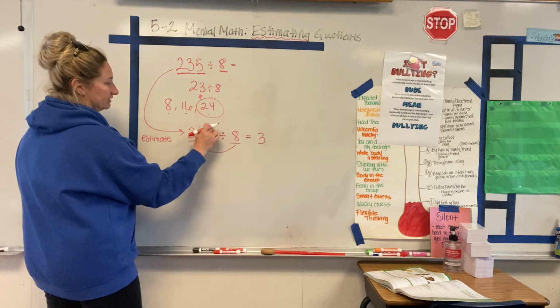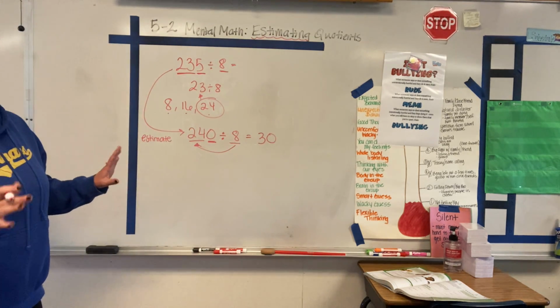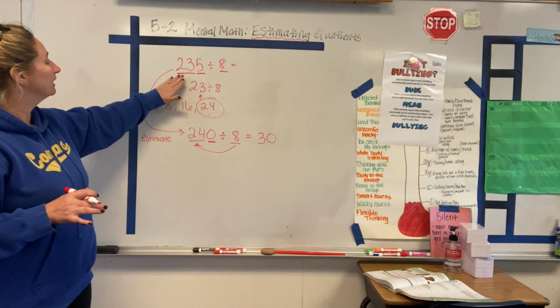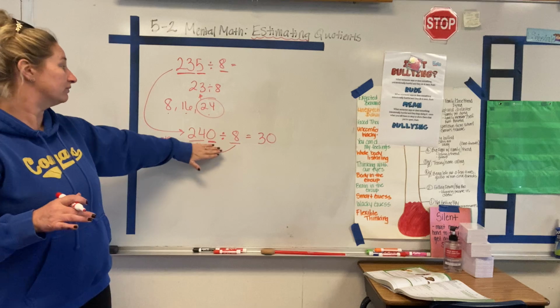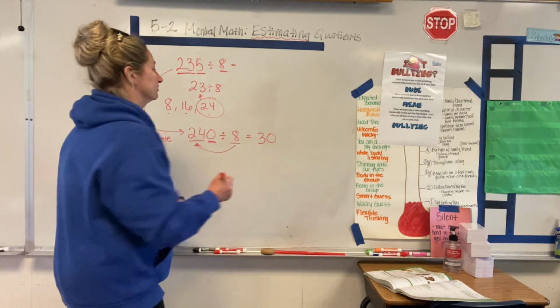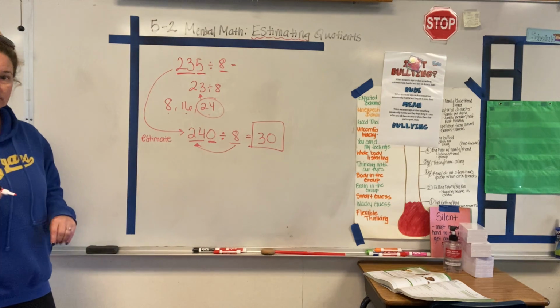And I have the 0 to add on. So my estimated answer for 235 divided by 8 is 240 divided by 8 equals 30. So my estimated answer is 30.